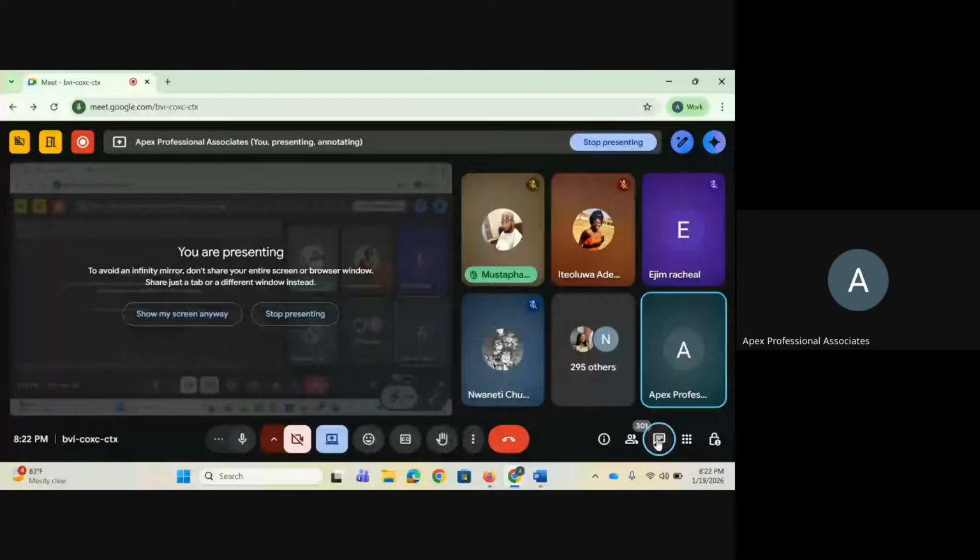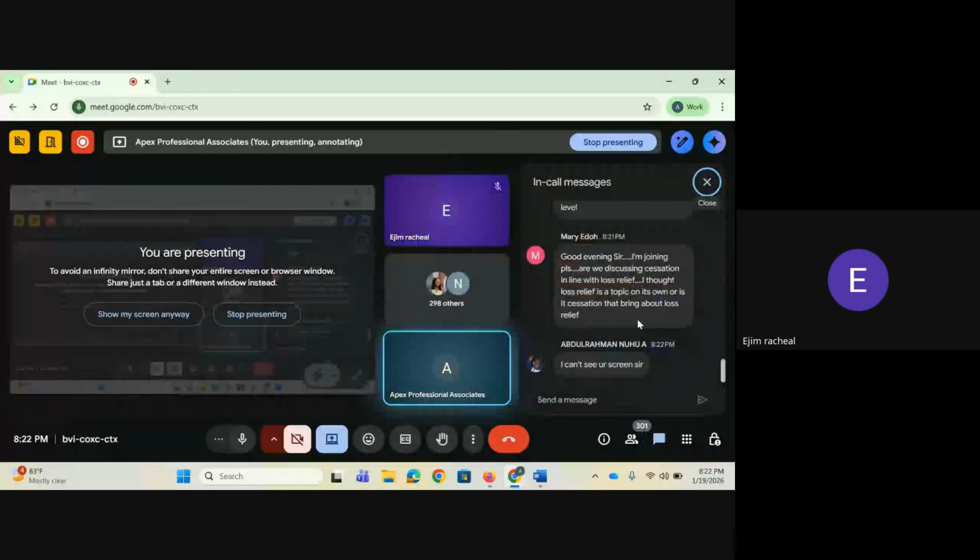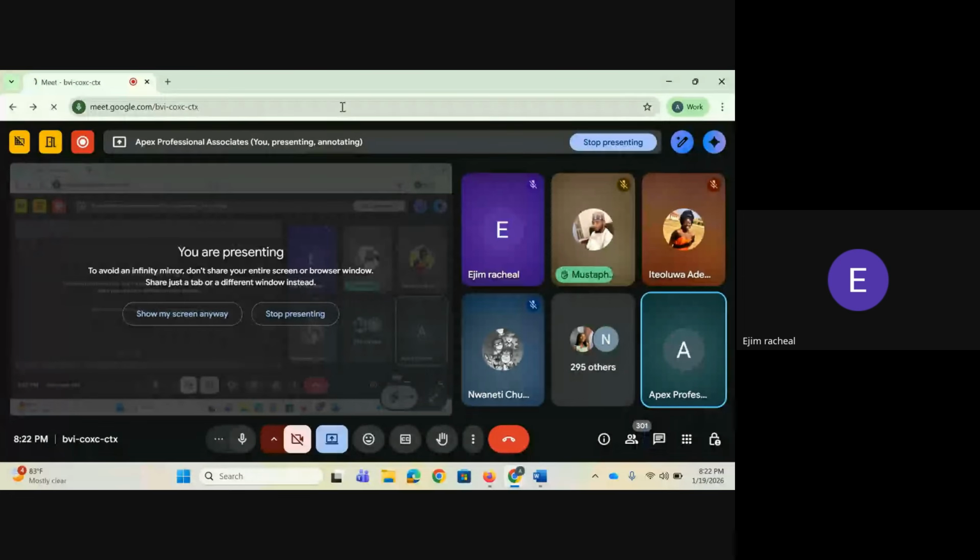Can someone else confirm that? Maybe it's my network. I actually had to log out and log in, and I thought it was my network. He's not showing his screen. He went to log out too.